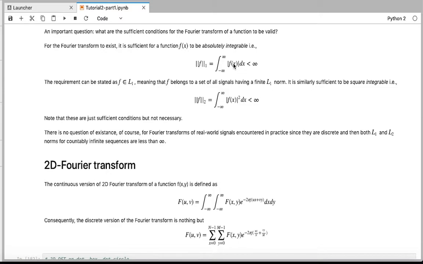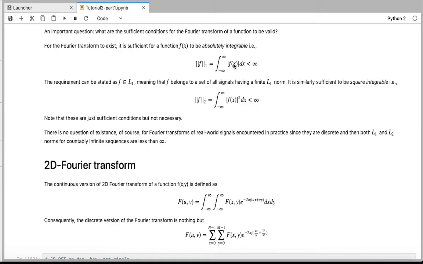That's why for discrete functions, any sum of countably infinite numbers is still less than infinity, so we always get the Fourier transform. For example, if you take a step function which is 0 in the negative and 1 in the positive, its Fourier transform in the continuous version is not very straightforward to get, because when you integrate it to infinity, it goes to infinity.